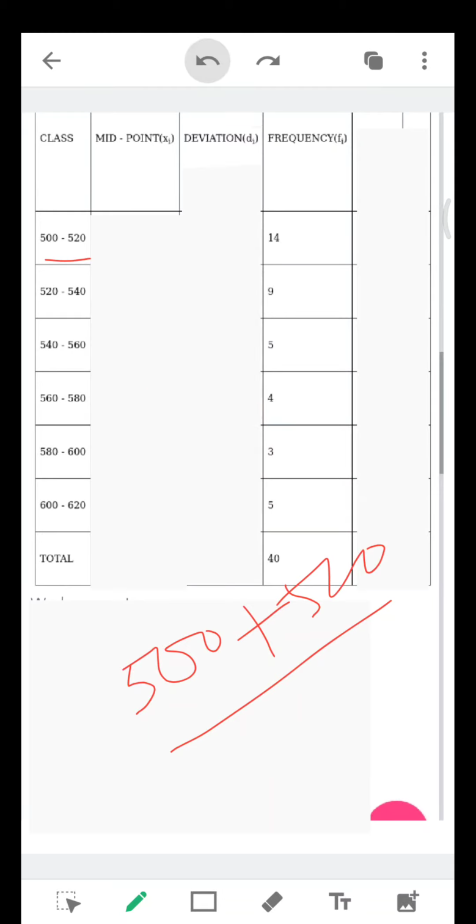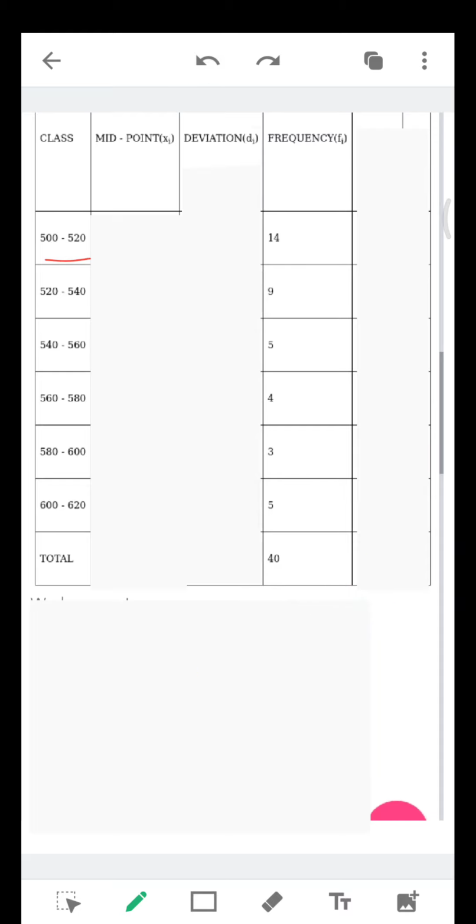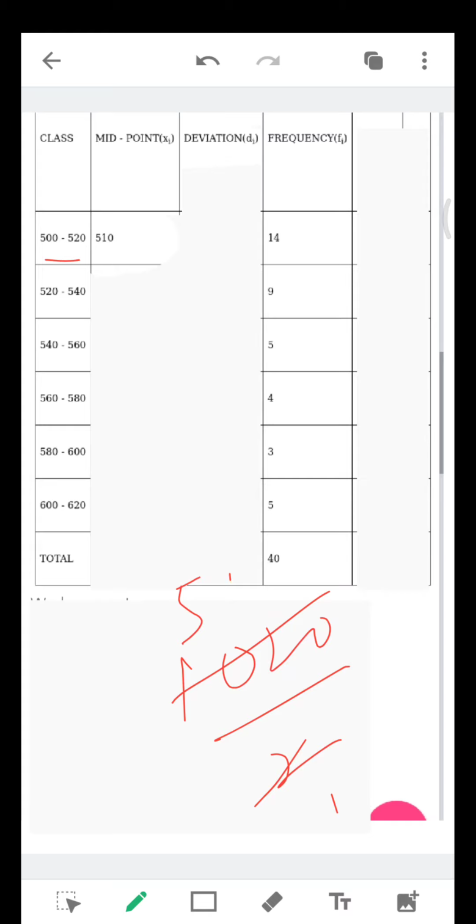Let's check what are the mid values. The mid value for the first one will be 510, because 1020 divided by 2 is 510.